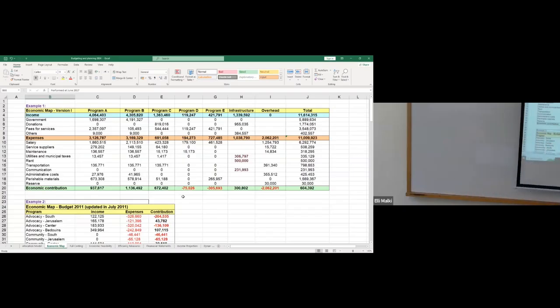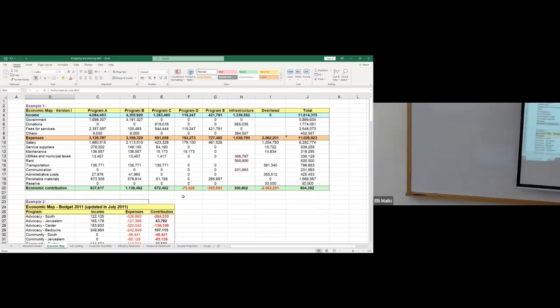Okay. All right. Expenses. So let's look at salaries. So salaries are allocated, as you can see, to the different programs. And we have another salary item for the overhead. So this is very simple. Salaries of people who are employed in the different programs and their position will be terminated if the program will be closed.